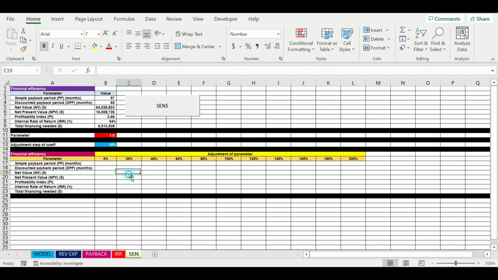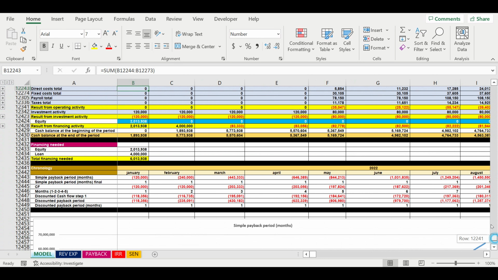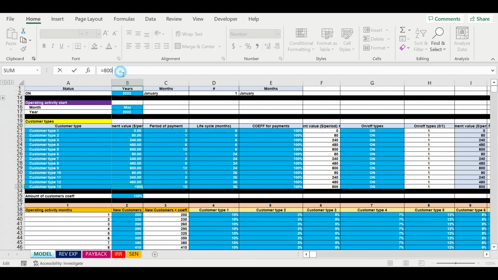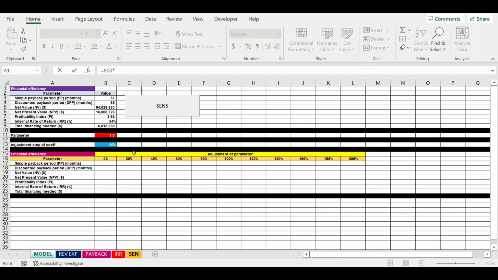So how it works, for example, I would like to see what will happen with financial efficiency if I, for example, add a coefficient to this value. I will add the coefficient to the payment of customer number 13. So I just go here, press equals, multiply it on this coefficient, press enter.